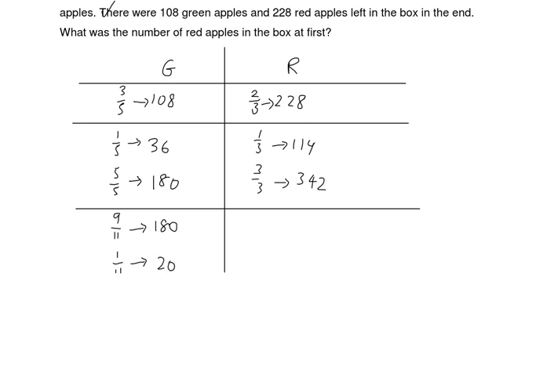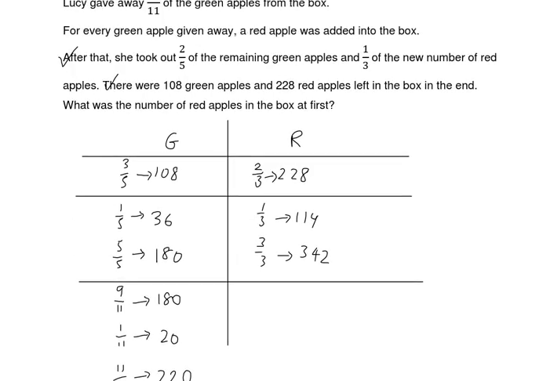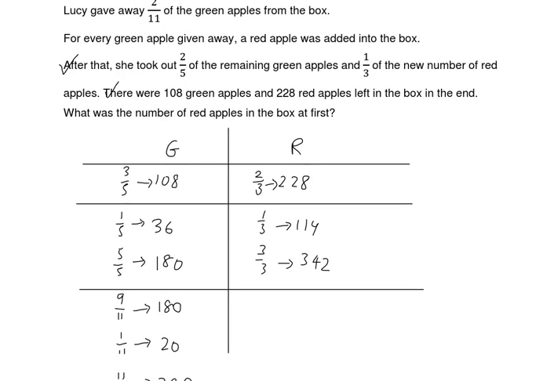And to find how many she has at first, we multiply by 11, which is 220. But I need to find the number of red apples. Now we can use this statement: for every green apple given away, a red apple was added in the box. So how many green apples were given away? Colin Au, do you agree? 40 was given away, right? Since 40 was given away, I need to take away the 40 red apples.